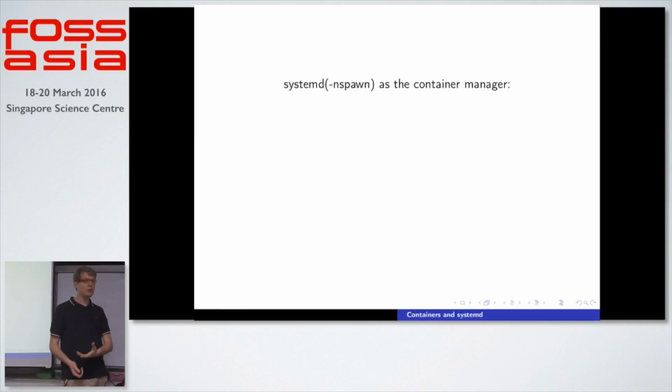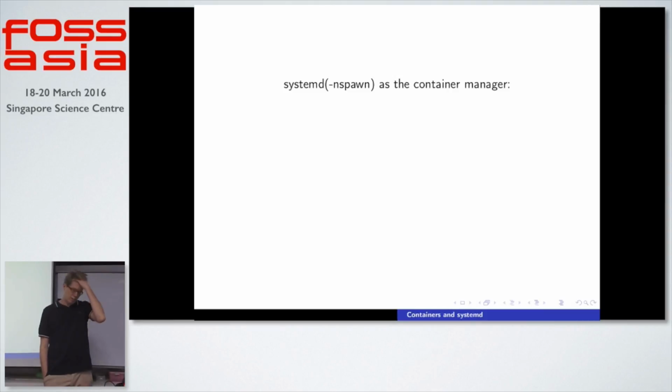We didn't want to reboot our systems all the time just because we changed some code somewhere and wanted to test it. So we decided, okay, let's run that in a container manager, because starting a container is really, really fast. Now, back at the time, the container managers weren't really that useful, and so we decided to just do a minimal one of our own, which is systemd-nspawn.